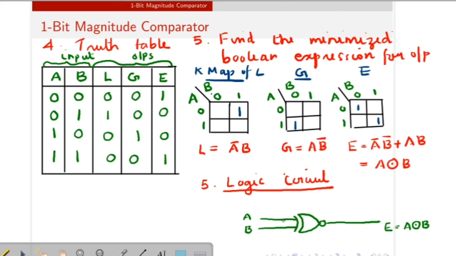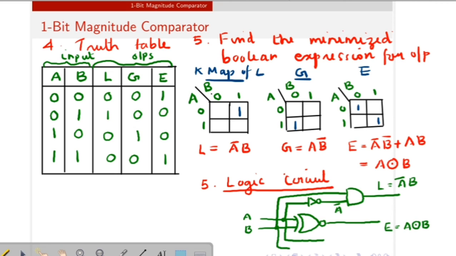Then for L, take A and complement it, so we get A bar. Then take B. Both A bar and B are ANDed together, and we get L, that is A bar B. Similarly, in the case of G, we take A, then take B, and B is complemented.